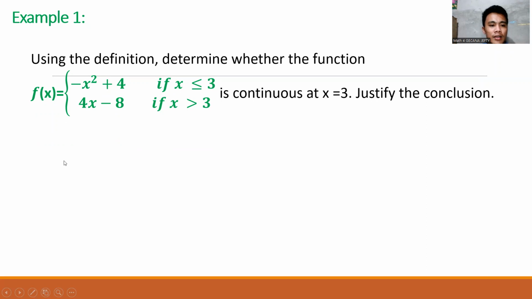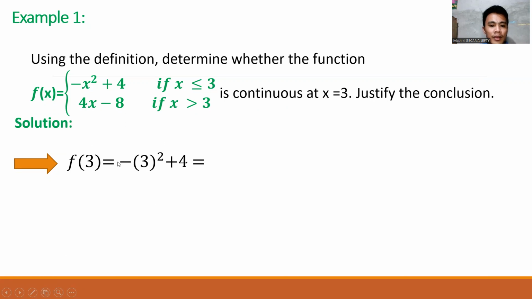So first, we will determine if f of c exists. Our c is equal to 3. So f of 3 is equal to, we use negative x squared plus 4 as x is less than or equal to 3.